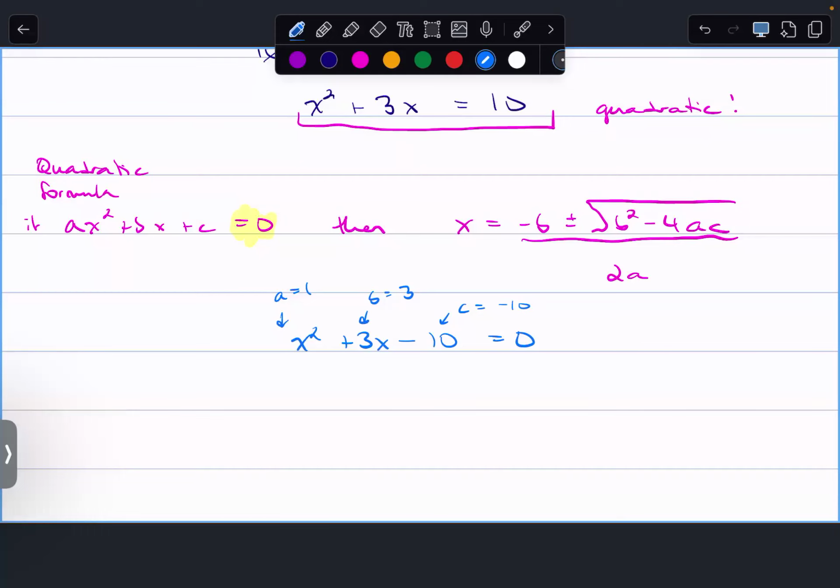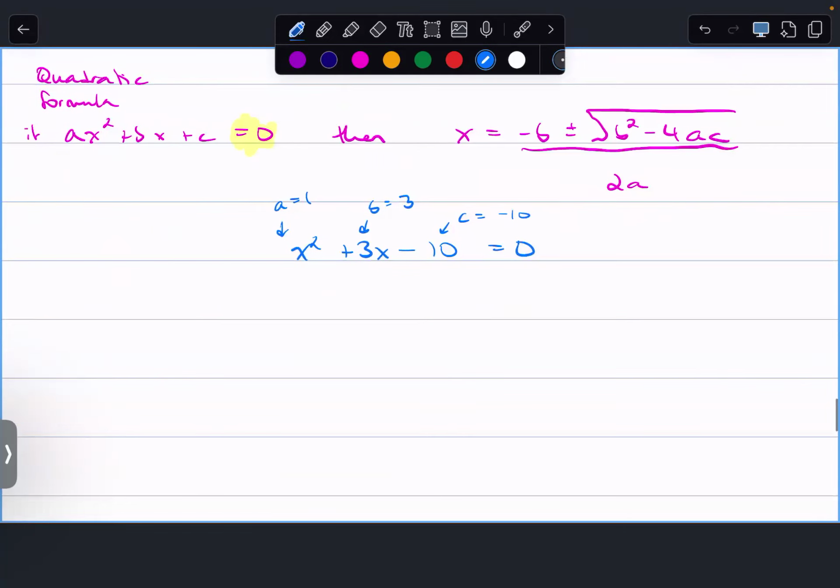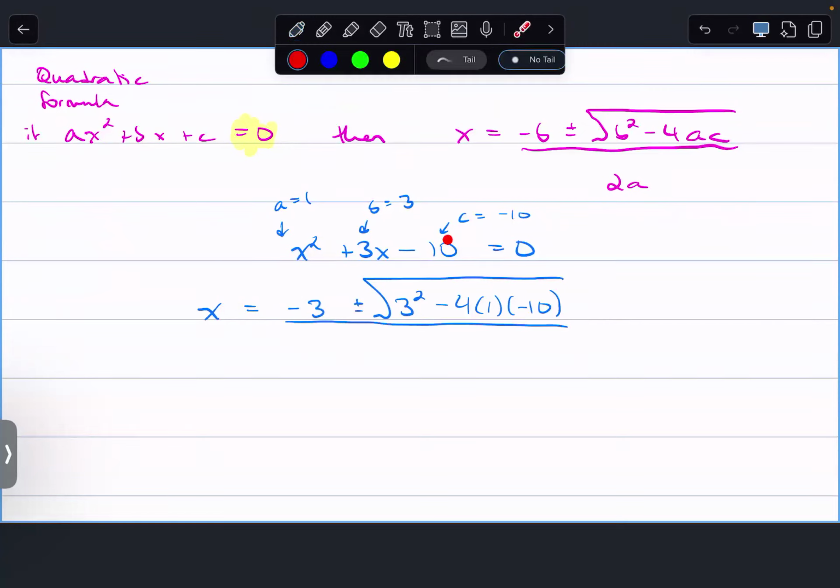So I can use the quadratic formula and say that x is negative 3 plus or minus the square root of 3 squared minus 4 times 1 times negative 10. Why am I glad when the c is negative? Usually that's how I'm going to get addition inside the square root. If I have subtraction, then it's likely I'm not going to have any solutions because I'm not allowed to take the square root of a negative number, right? Unless a is negative. Divided by 2 times 1.